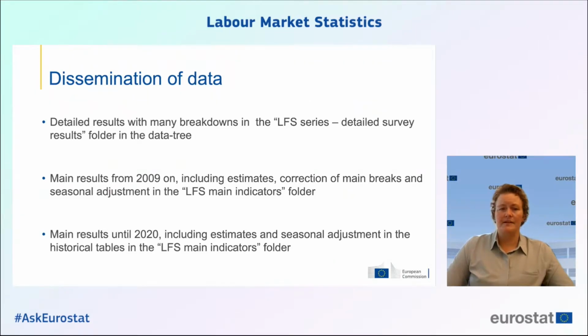In the same general folder on the LFS, you will also find something called LFS main indicators. There's one folder, and in this folder you will find the main results from 2009 on, what we just presented, which are data which are broader, so larger age groups, less detail, less breakdowns, but they will include estimates for past data, correction of the main breaks, and seasonally adjusted data for the quarterly series.